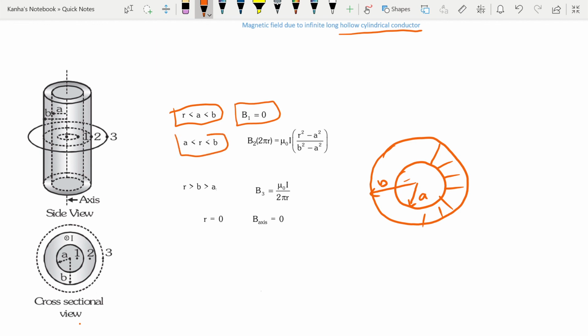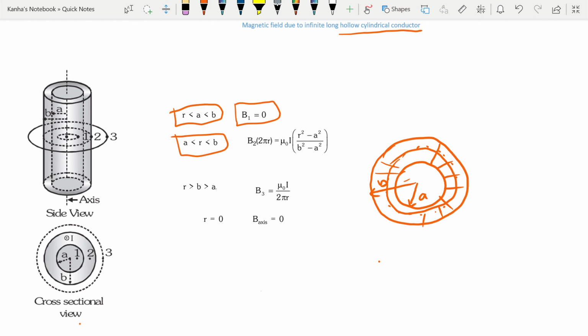When you're between a and b, you need to form a circle here, and then write B times 2 pi r is equal to the net current, let's say I prime, flowing there times mu naught. You just need to find this I prime, and that is not very hard to find. You just need to find the current flowing through the entire surface, and then the current that will be flowing through a surface of smaller radius.